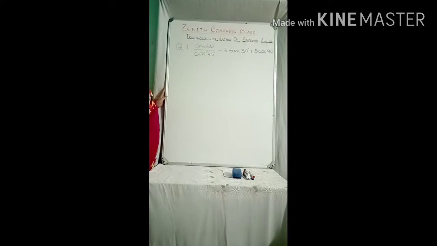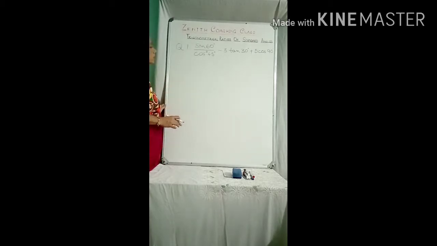So let's solve the first sum. That is sin 60 degree by cos square 45 degree minus 3 tan 30 degree plus 5 cos 90 degree. It is not at all a tough sum.